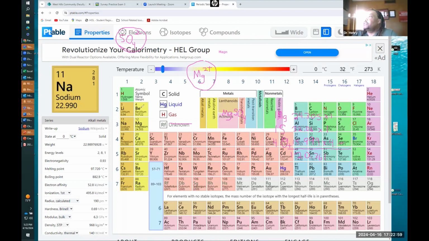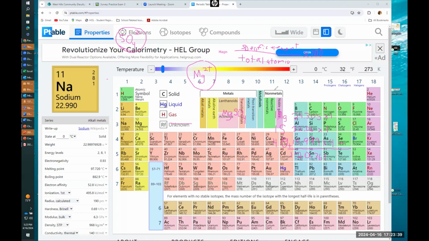Now for each one, you're going to divide the specific element by the total atomic mass, and then you're going to multiply that times 100 because it's a percentage.